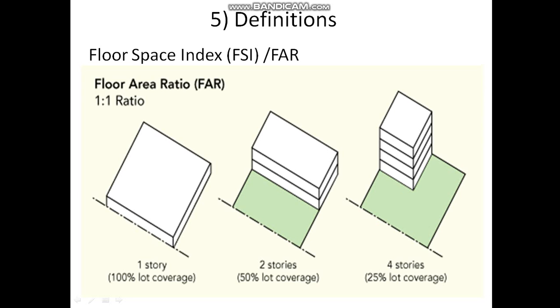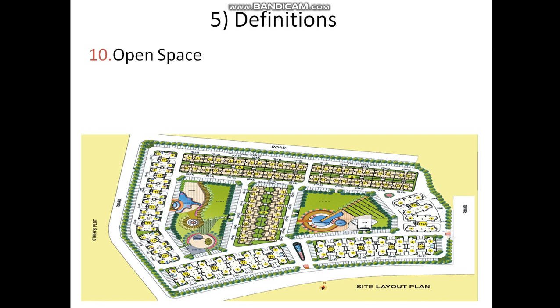In the second diagram, 50% coverage is there, but the other 50% plot area is adjusted on first floor. So ultimately built up area is equal to plot area, so FSI will be equal to 1. In the third diagram, 25% coverage is there, but the other 75% plot area is covered on first, second and third floor. So ultimately built up area will be equal to plot area and FSI will be equal to 1.